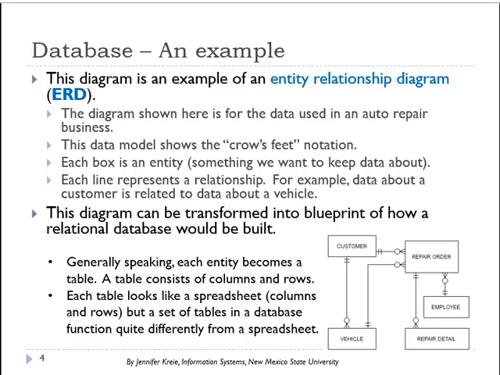Columns would represent the attributes, the things that describe something about that entity, in this case the customer entity, so we'd have first name, last name, phone number. And the rows represent individual occurrences of that entity, one individual customer, for example.